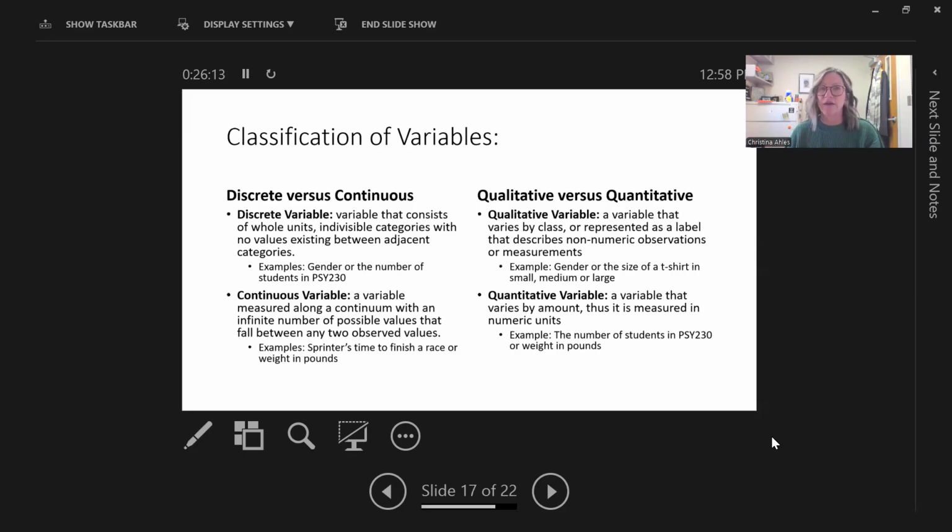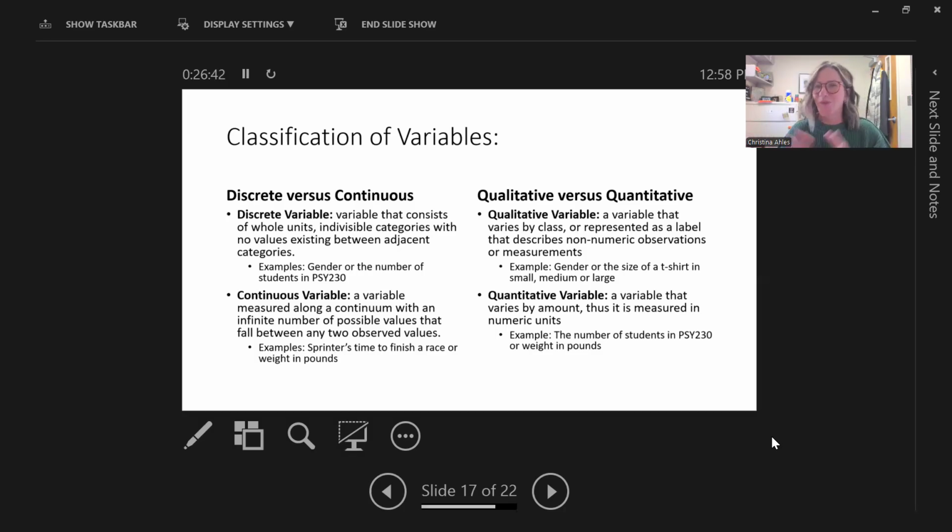A discrete variable typically consists of indivisible categories, whole units. It's typically either whole numbers or categories instead of data with decimals. An example would be gender. It's either male or female, or sex, though gender is often used interchangeably.